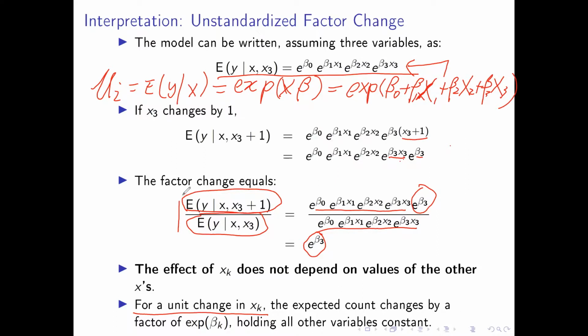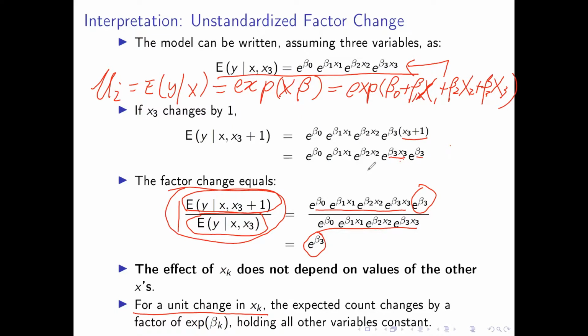Because while taking the ratio of these two expected counts, we cancel out the influence of all other variables. The only thing that remains there is the coefficient for x3. When we generalize it to xk, you can try by yourself going through the computation, right? It's going to be beta k.